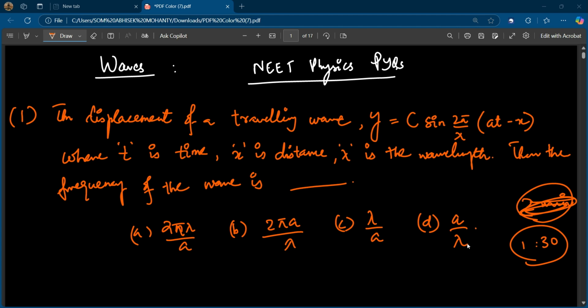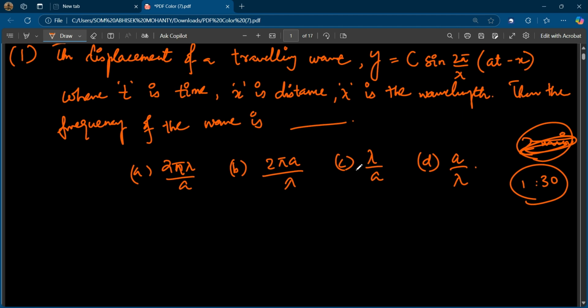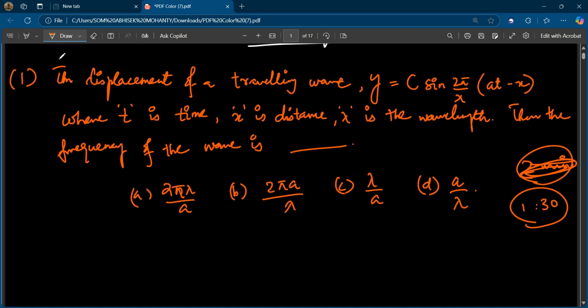See if you have solved it or not. It's a very easy question. y is equal to c sine 2 pi by lambda (at minus x).